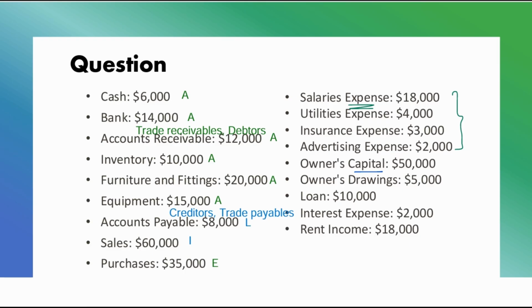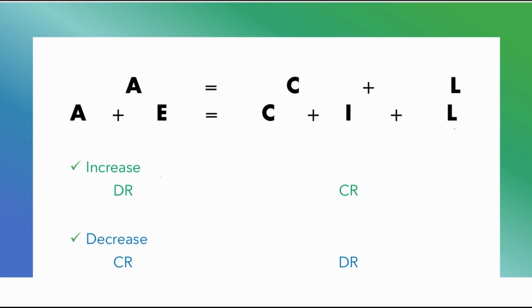Then we have drawings. Drawings is basically the opposite of capital, which means the owner takes back money or goods from the business, which is basically a decrease in capital. So, taking a look at this, if capital is decreasing, we should look at this part.